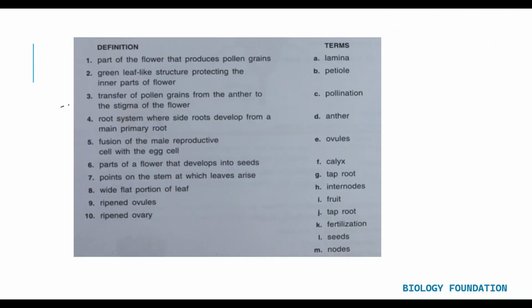Next, definitions are given. You have to match it with the terms. Try to understand. Part of the flower that produces pollen grains. Anther, right? Next. Green leaf-like structure protecting the inner parts of the flower. Sepals. Or calyx, yes, calyx is group of sepals.